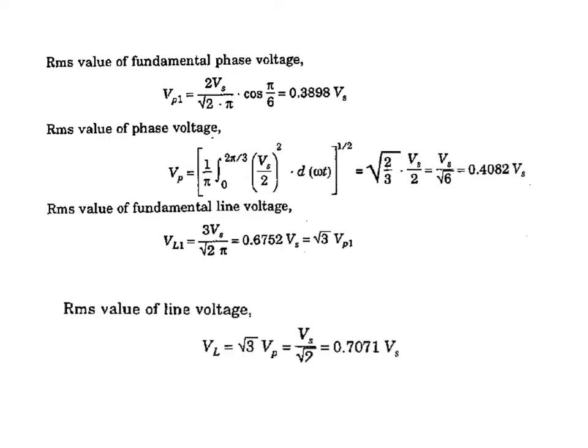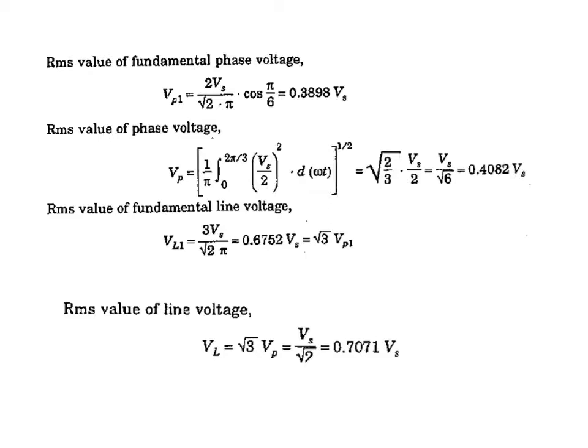The RMS value of line voltage is equal to VL is equal to root 3 into Vp is equal to 0.7071 Vs. So this is about the 120-degree mode of operation of three-phase inverter.